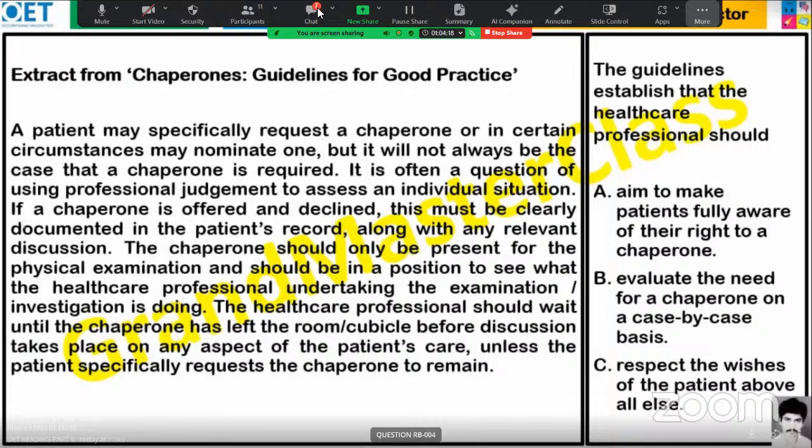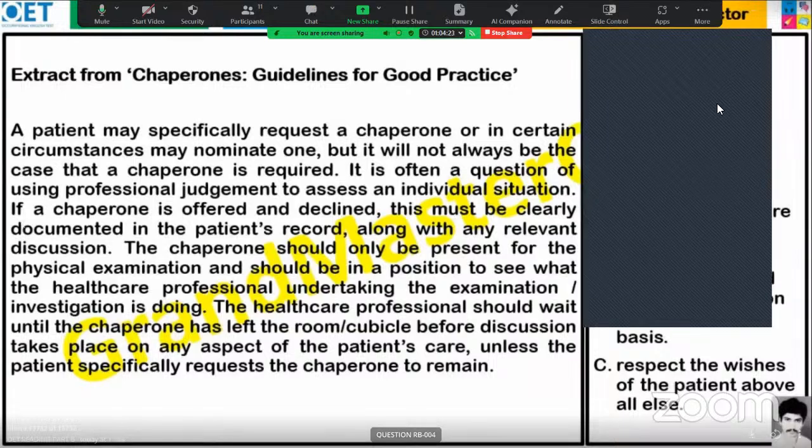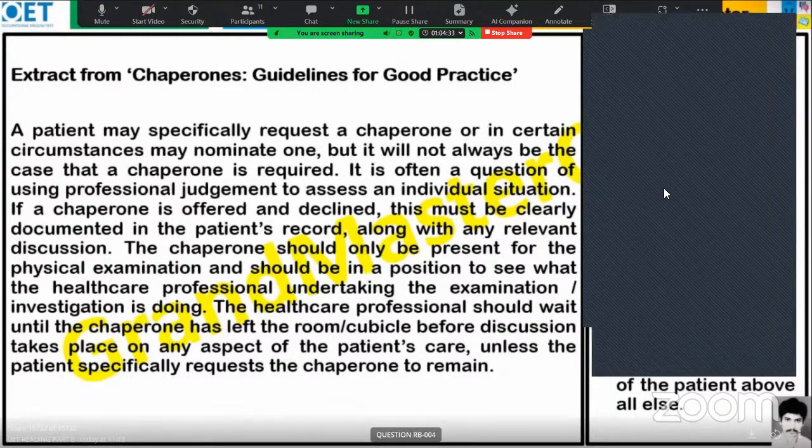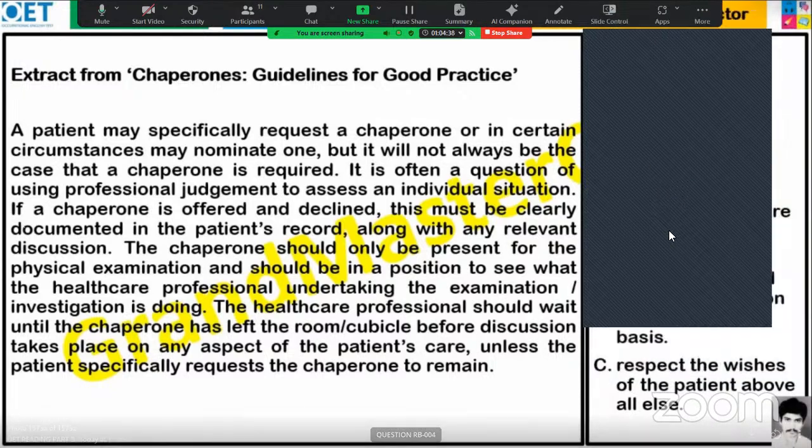So 7 students have given the answer C and B. Confusion. Majority C. Where is this fellow Dr. Keval? Keval is there. Why are you not giving an answer, Mr. Keval? Are you sleeping?